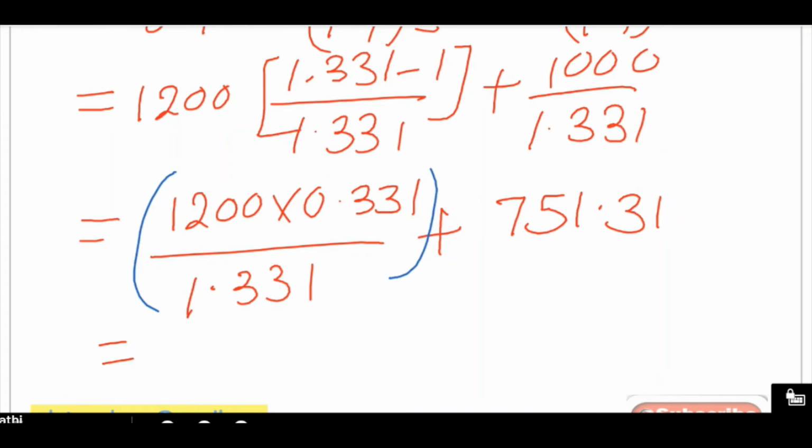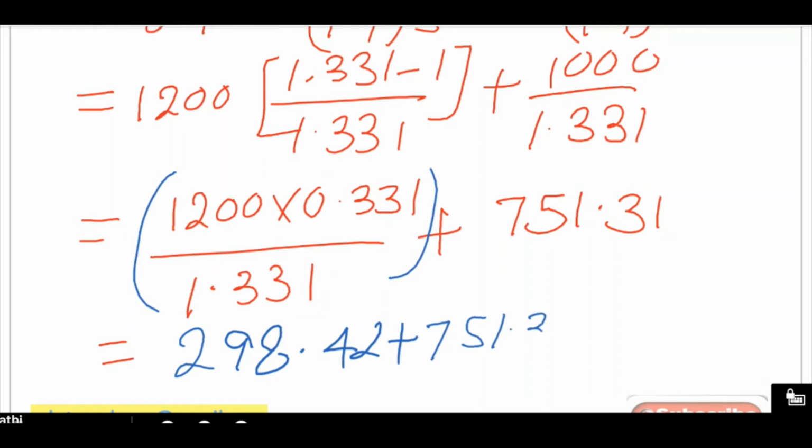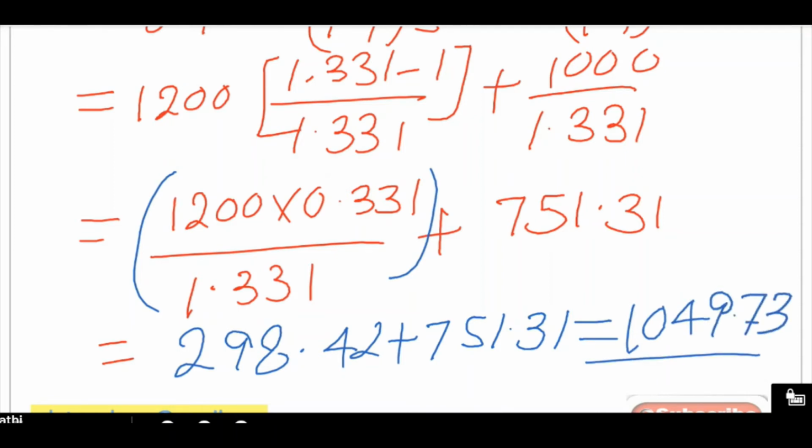Okay, so use the calculator: 298.42 plus 751.31. So we'll get the total value here, 1049.73. Okay, so this is the value of the bond.